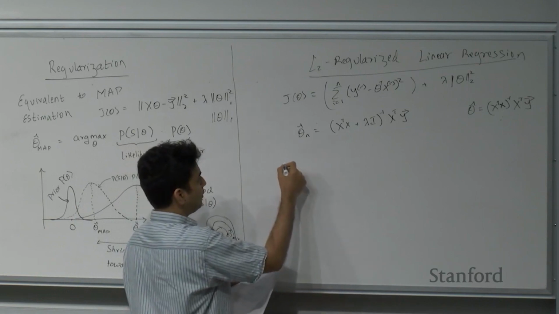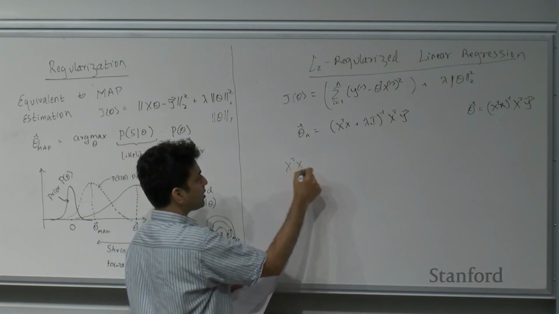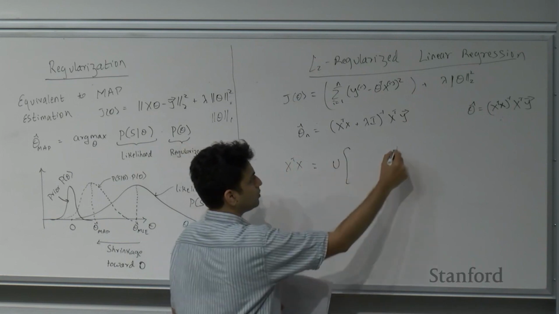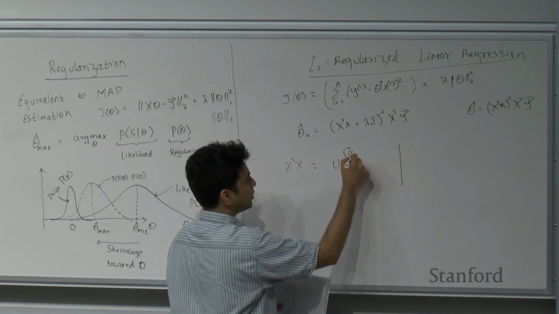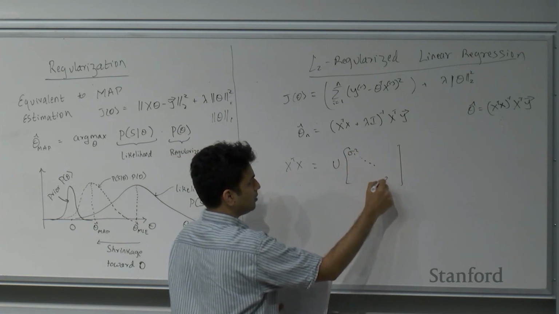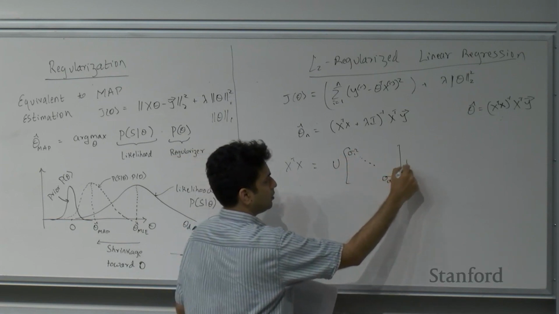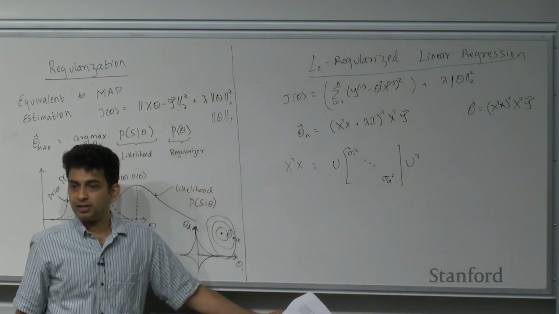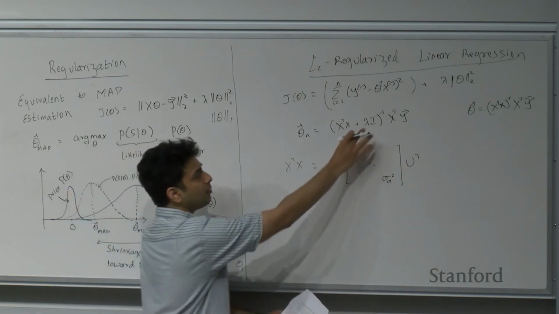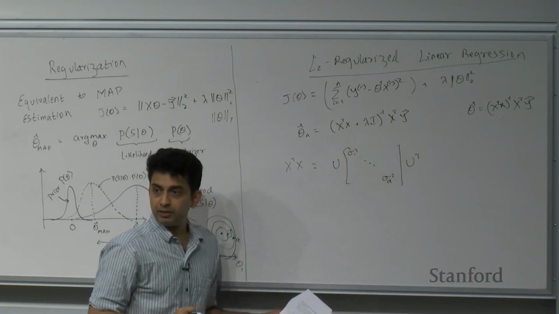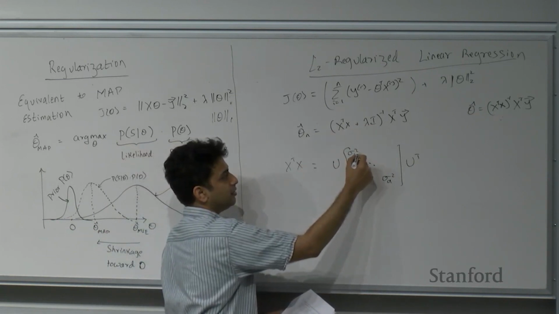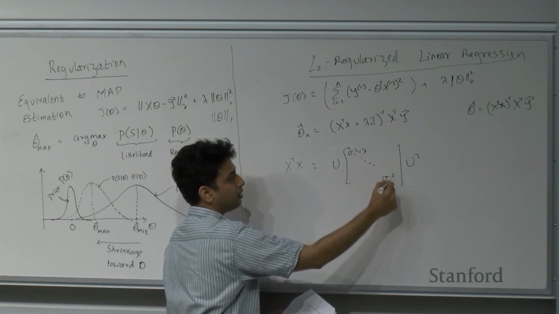Supposing x transpose x has an eigen decomposition, u times the diagonal matrix of sigma 1 squared until sigma d squared, times u transpose. By adding lambda I to this matrix, we are essentially just adding lambda to all the eigenvalues.